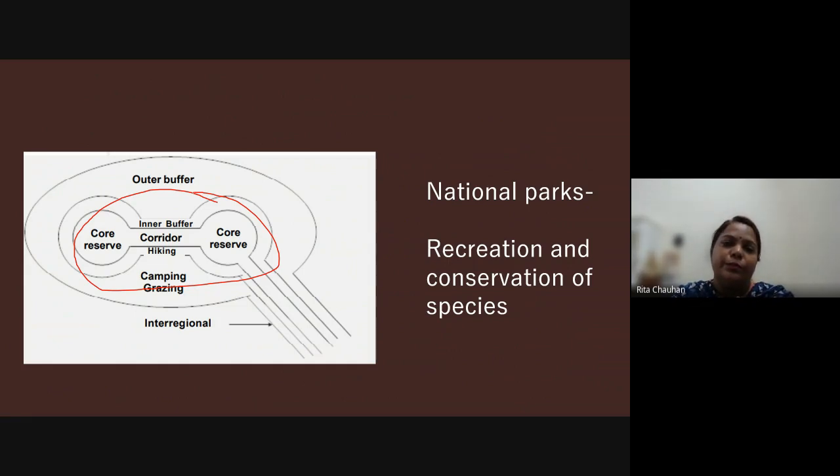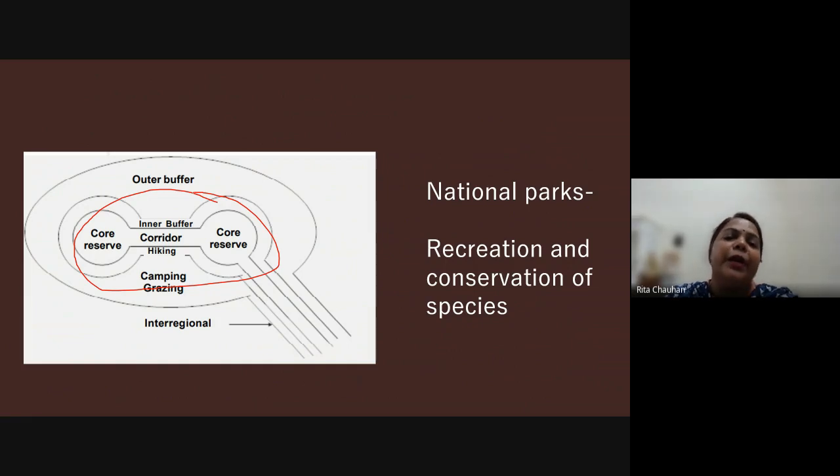The animals, lions, elephants, they should have their natural environment so that they can live freely. If there is more and more human interference, then they get disturbed.